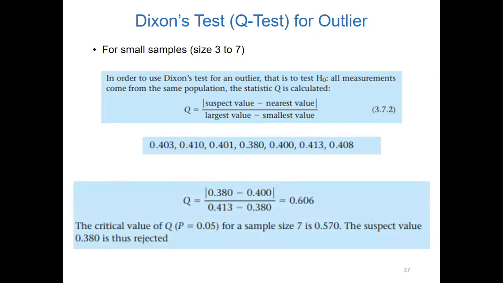Okay, here using the Q test, the suspect value is 0.38 minus 0.4, that is the nearest value, and the largest value is 0.413, and the smallest value again is 0.38. When you solve this, we will get 0.606. Right? And then there's a table for Q statistics.